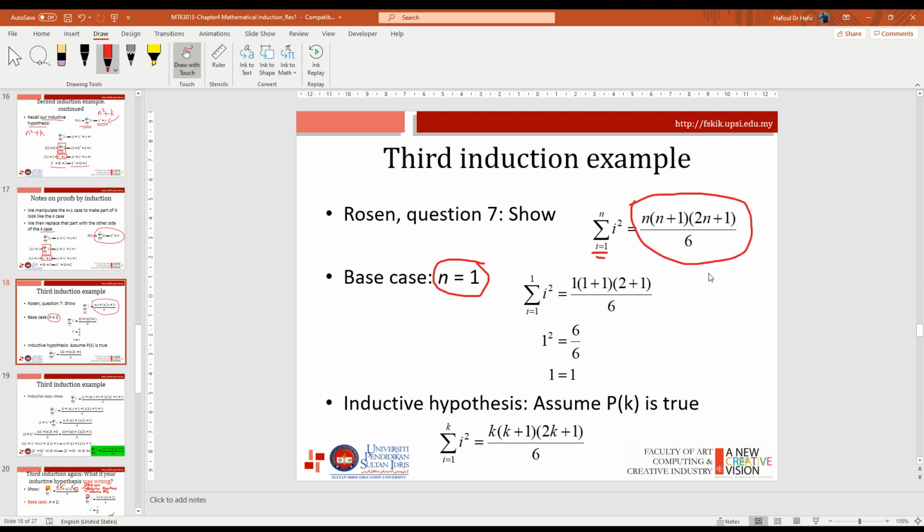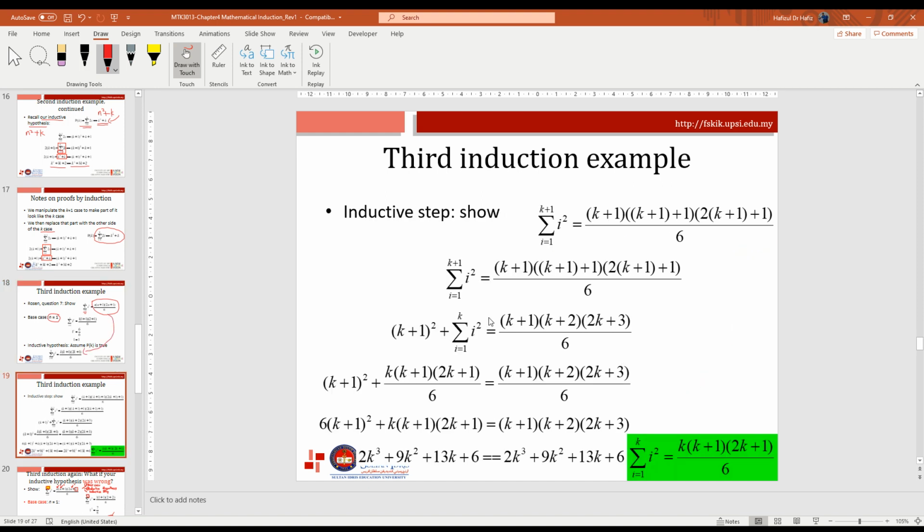By k. Okay, by this one. So we have here (k+1) power of 2 plus this one, sum of this one is the term k+1.